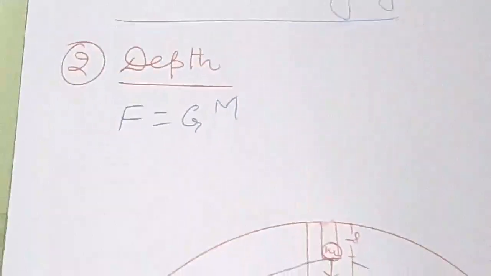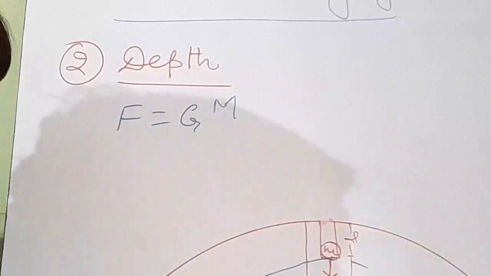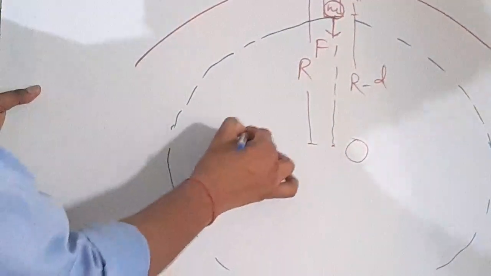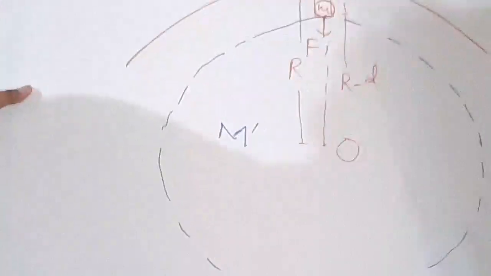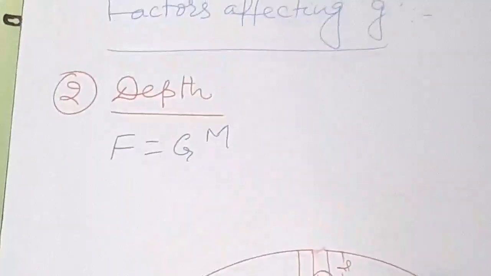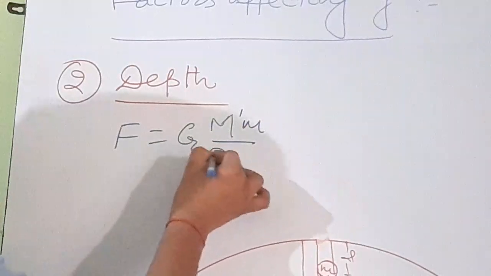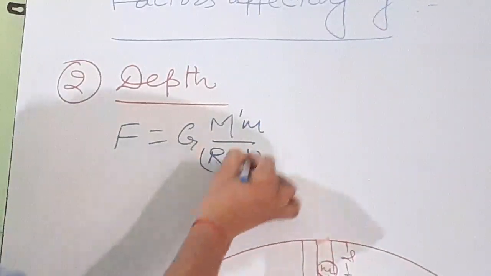So in this situation, if mass of this portion is m dash, then this force F will become G m dash m by r minus d whole square.